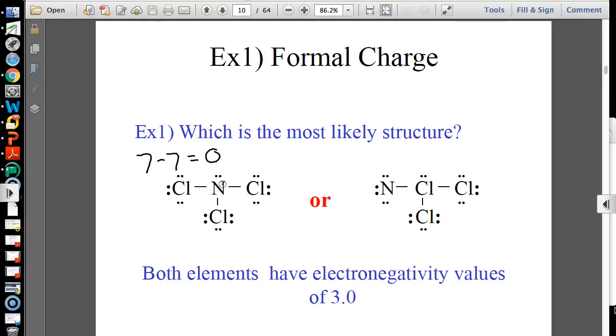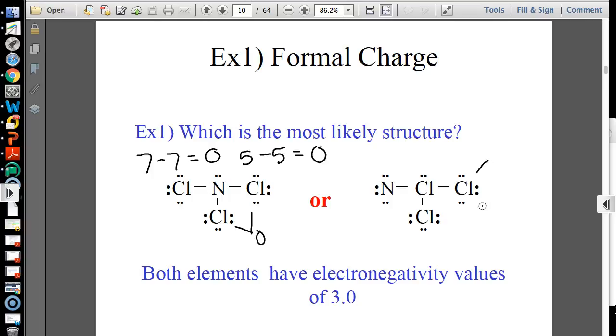Nitrogen has 5 valence electrons: 1, 2, 3, 4, 5. Its formal charge is 0. This chlorine and this chlorine are also 0 for the same math. So the formal charge on all of these is 0, and since this is a neutral compound, it should be 0.